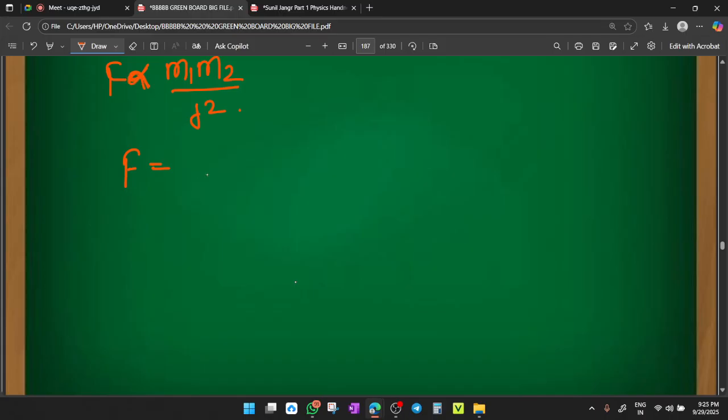Eliminate the proportionality sign, then there will always be a constant term, m1 m2 upon d square.